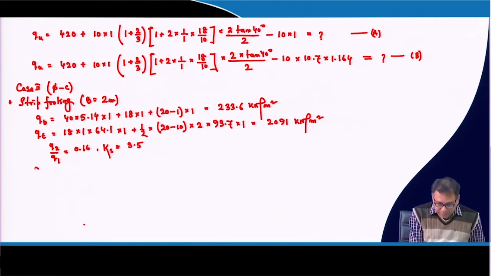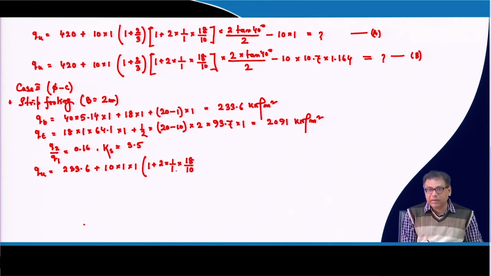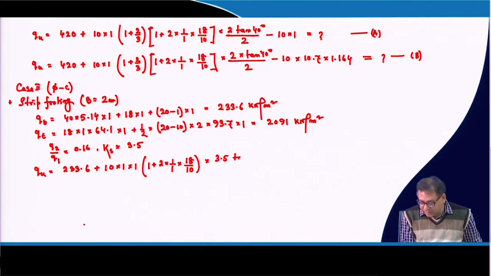Now if I put this value, I will get the QU, that is 233.6 plus 10 into 1, then the shape factor is 1 into 1 plus 2 divided by... into df by h into gamma bulk by gamma dash into 3.5, tan 40 degree divided by 2, again minus 10 into 1.